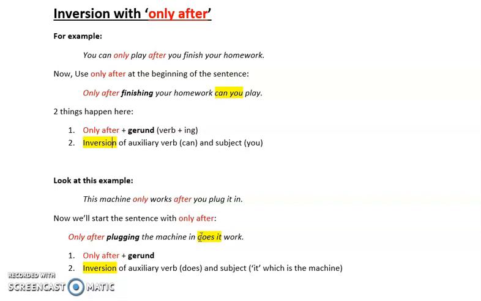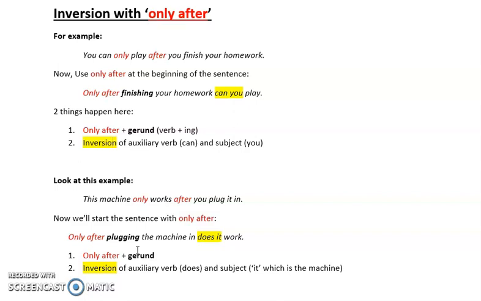Now here I have does, and that is because in this sentence my main verb is works. If I want to invert it, I need to take away the S, which will be does, and then I need to invert it. Does it work? And it means the machine.